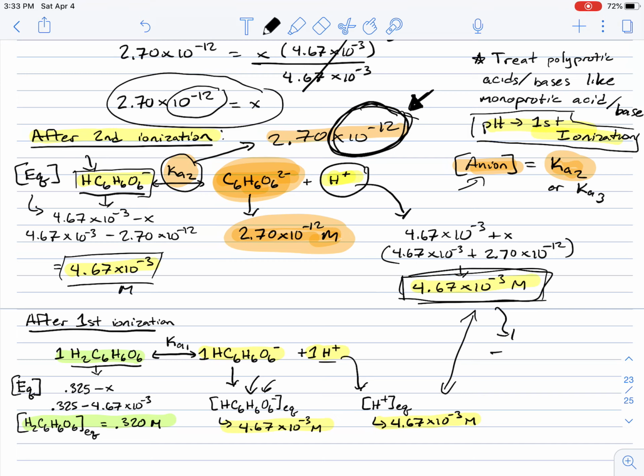So we're going to take the negative log of 4.67 times 10 to the negative 3. And then that's going to give us our pH. And so I'm just going to go ahead and type that in really quickly. And since I have 3 sig figs, I need to report 3 decimal places. And so my pH is going to be 2.331.